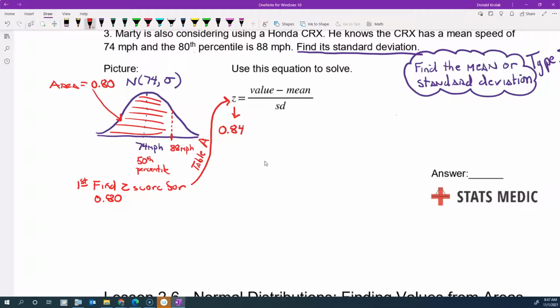Okay, and now plug in what else you know. So let's see, I know the value. That's going to go right there. So that's 88 minus, okay, I know the average, 74. That's going to go right there. And I don't know the standard deviation.